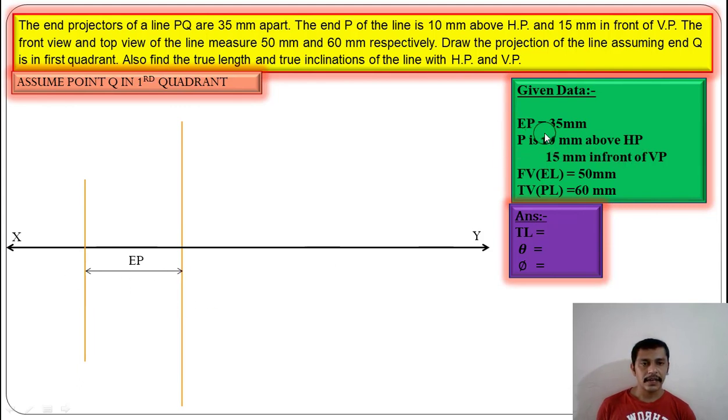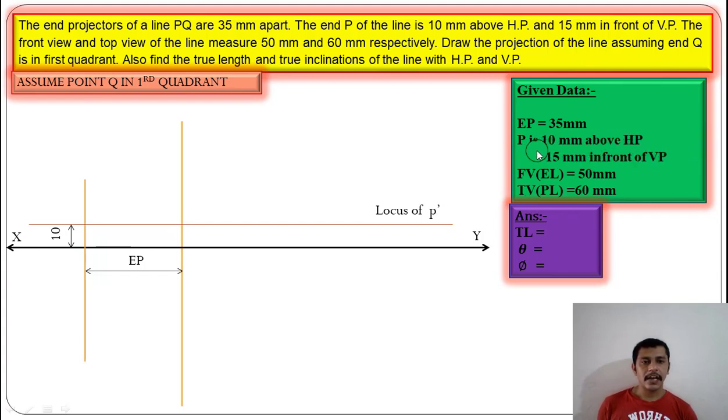Now let us start with point P. P is 10 mm above HP, that means the elevation of point P will be 10 mm above the XY reference line. So measure 10 mm from the XY reference line in the upward direction and draw the locus of P dash. And it is 15 mm in front of VP.